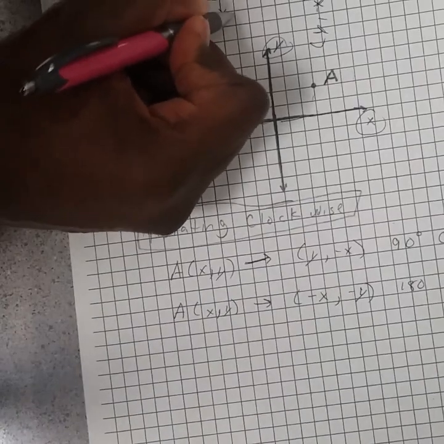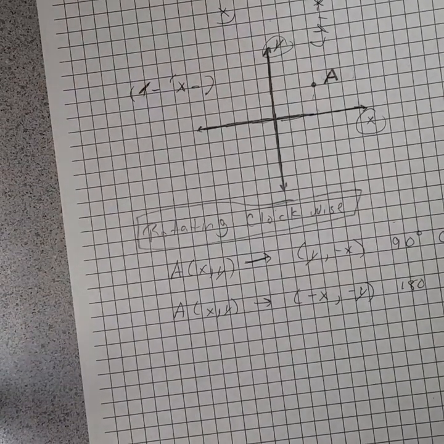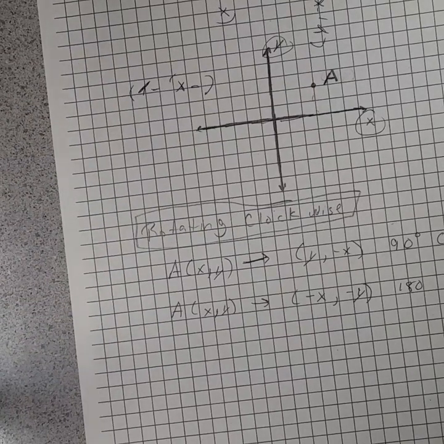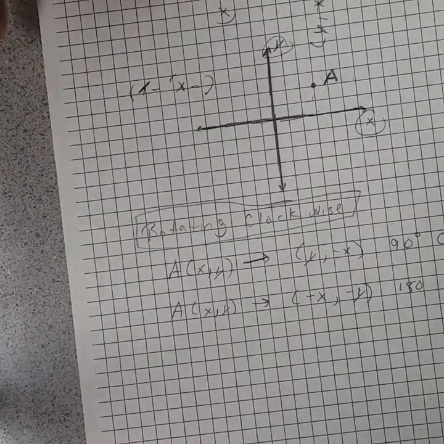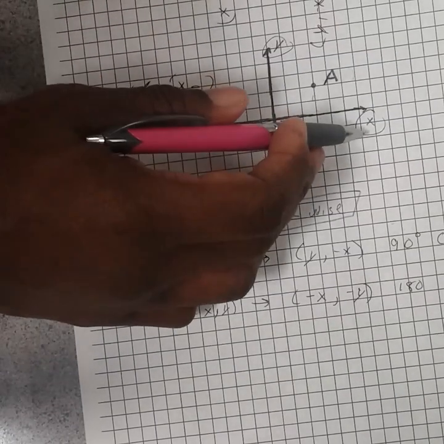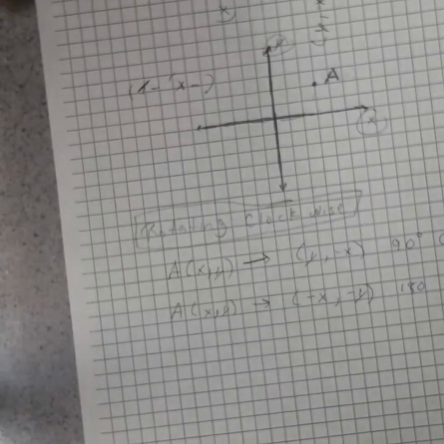Negative Y, positive X. So if I rotate it 270 degrees clockwise, it winds up becoming negative Y, positive X, because that's the negative side, that's the positive side of those axes.